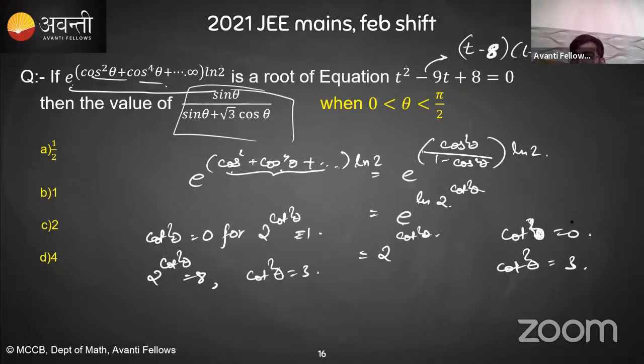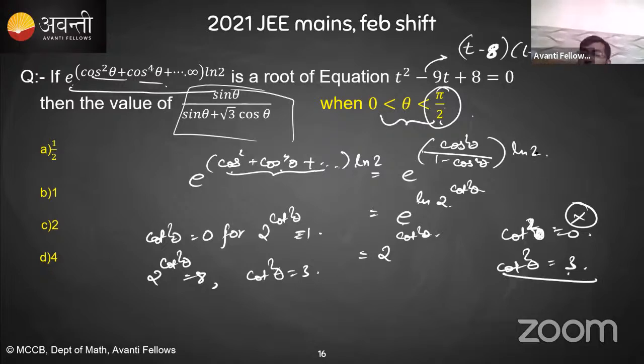So cot square theta can never be 0 in this given interval, right? When theta is pi by 2, then cot square theta is 0. But this is not included in the interval. Hence the value of cot square theta will be 3 and the value of cot theta will be root 3, right?